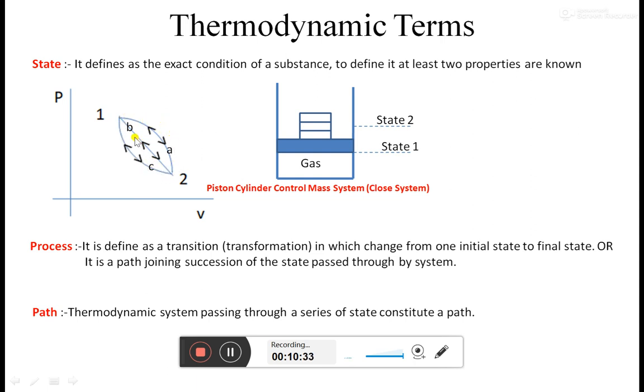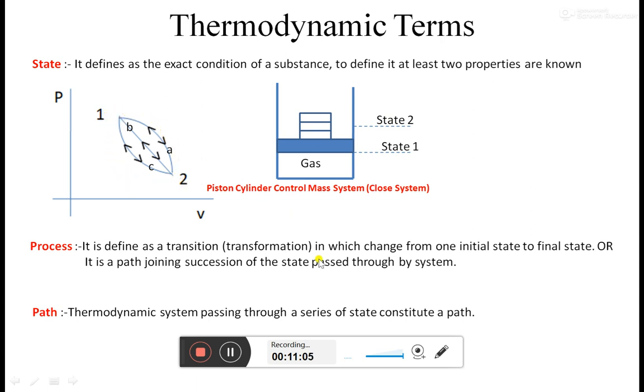The first process is called expansion, as I remove the weight and it expands. In the second process I add weight, and the system gets compressed again, moving from state 2 to state 1, and the gas is compressed by adding weight. So this is another example, and this becomes a cycle.